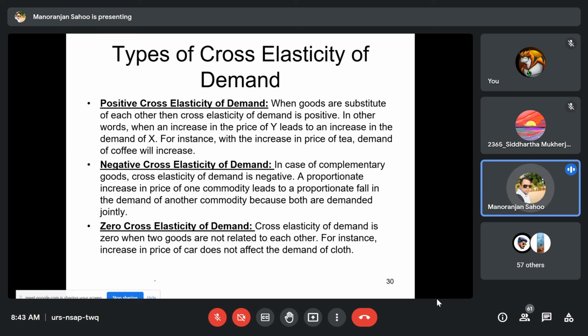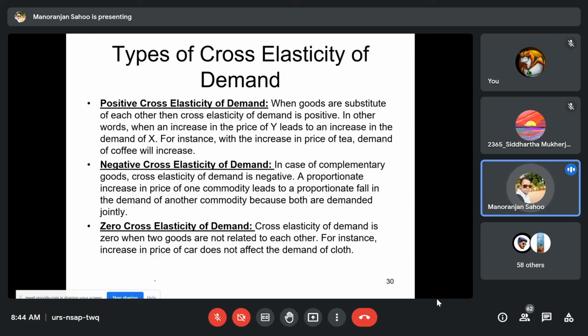So when the price of one commodity increases, demand for the other commodity increases and vice versa. In this case, the elasticity value will be positive, and as the value is positive, you can say that these two commodities are substitute goods, because both variables, the price of one commodity and the demand for the other commodity, are moving in the same direction, as a result of which the elasticity value will be positive.